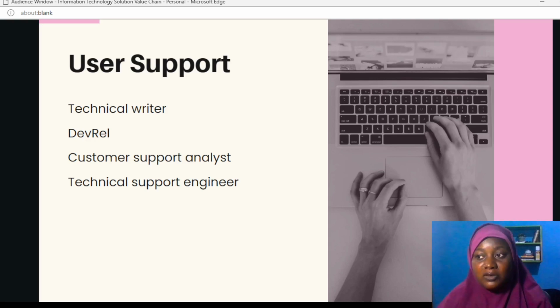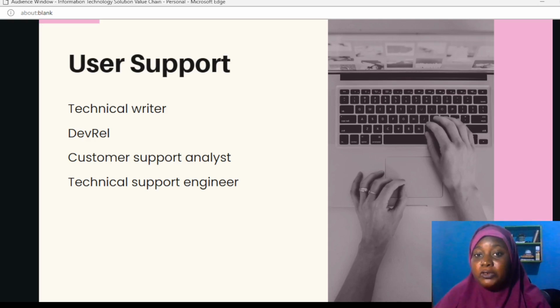And if the users of the system are developers or people that are involved with development, there are also developer relations roles. Like Microsoft creates Visual Studio. Visual Studio is a software development tool that is used by developers.